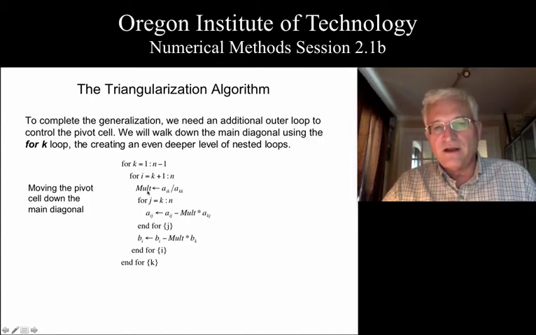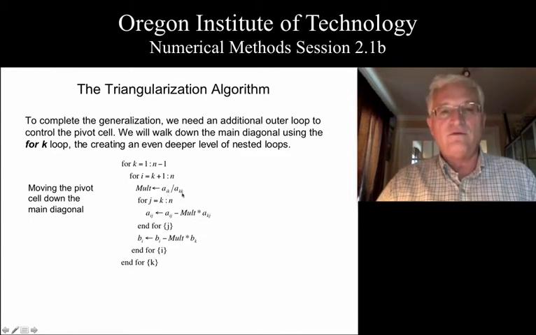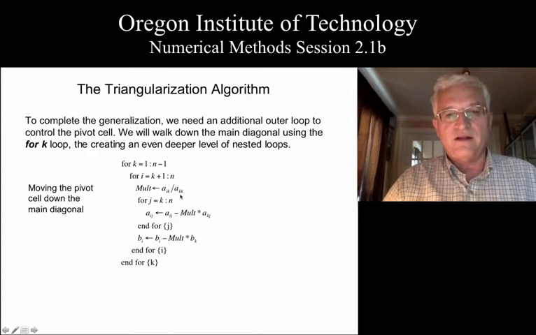So this multiplier now has to also be located in the right spot because our pivot cell is going to be on the diagonal. So i is now going to be equal to 2, and k is still going to be equal to 1. So on the very first pass through, we're still taking a 2,1 divided by a 1,1. That's exactly what we did the very first time we ran that algorithm.